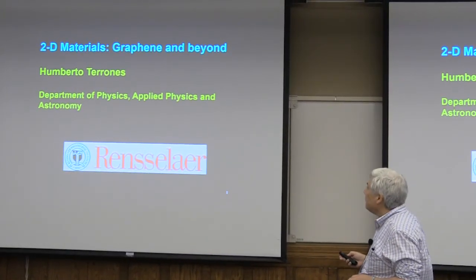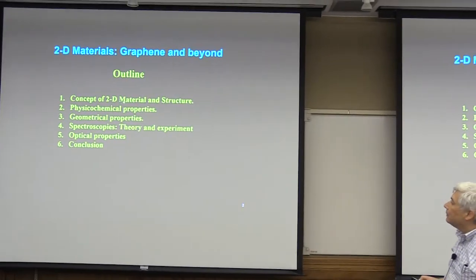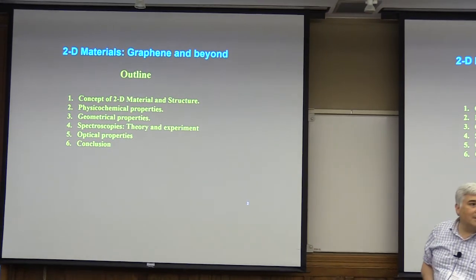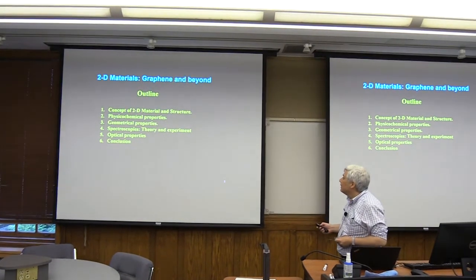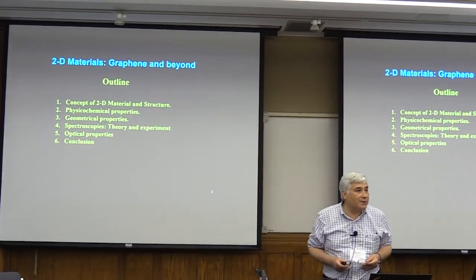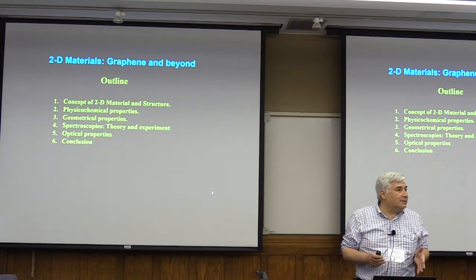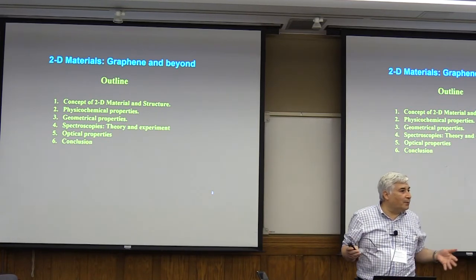So the outline of my talk is, first, we have to define two-dimensional materials. Once we define two-dimensional materials, we have to see what is the structure of these two-dimensional materials. You need to know where the atoms are in order to start calculating using your computer, right?